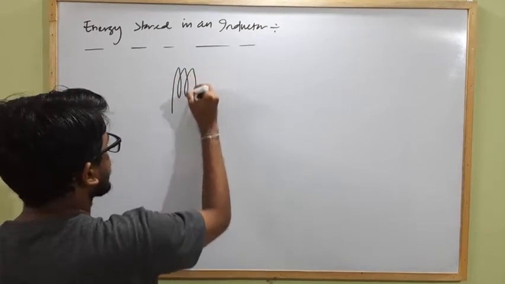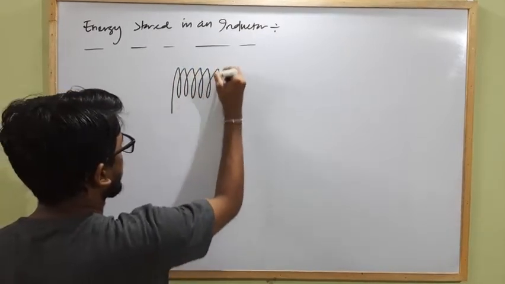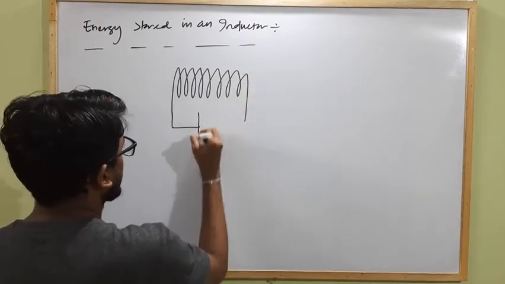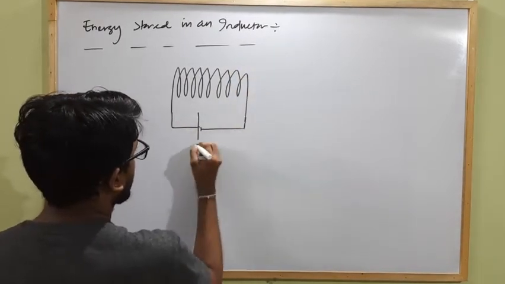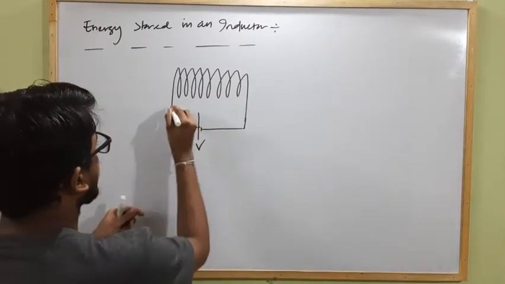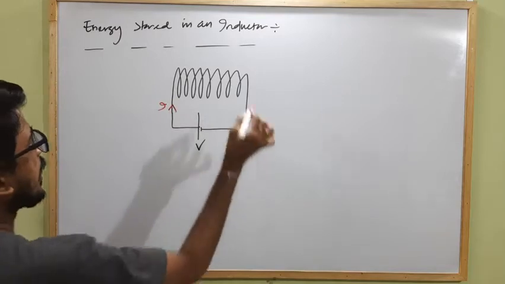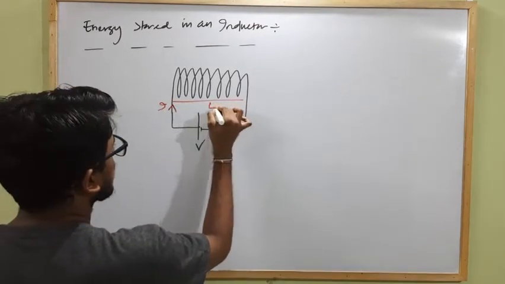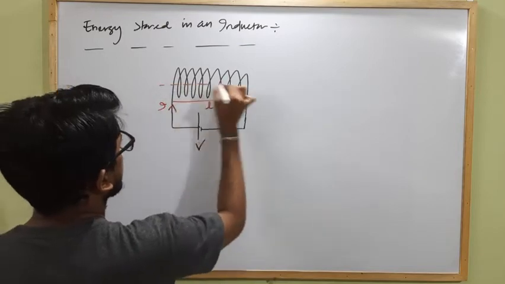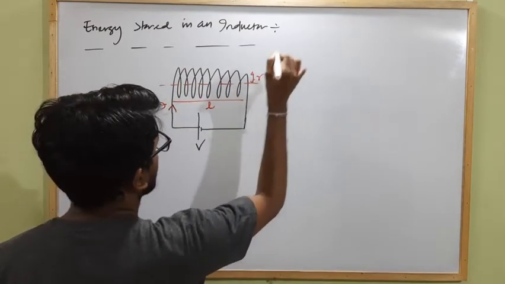So here we are considering a solenoid which is attached with a battery of potential V, due to which current I starts flowing through it, and this is the length, small l, and the radius, small r.